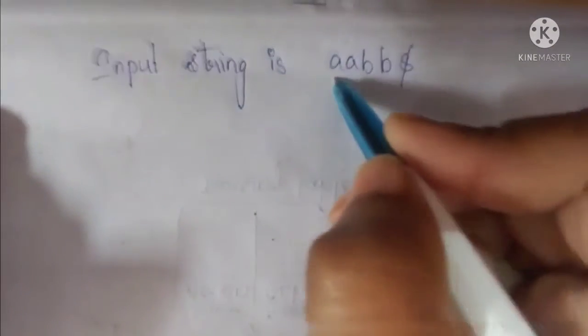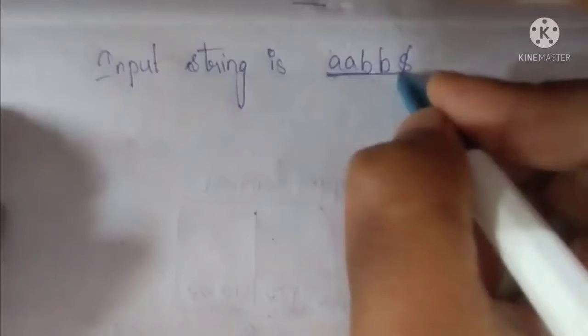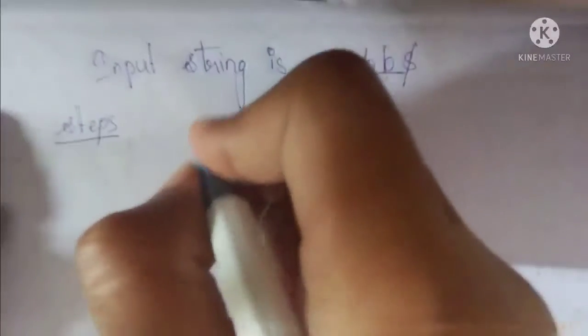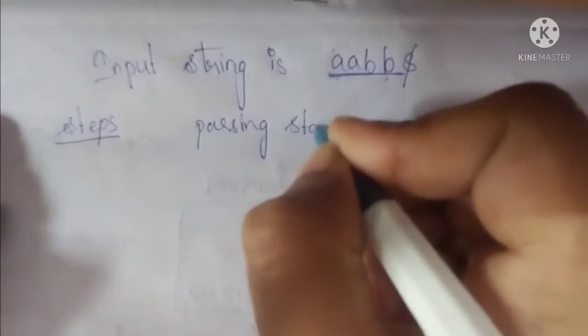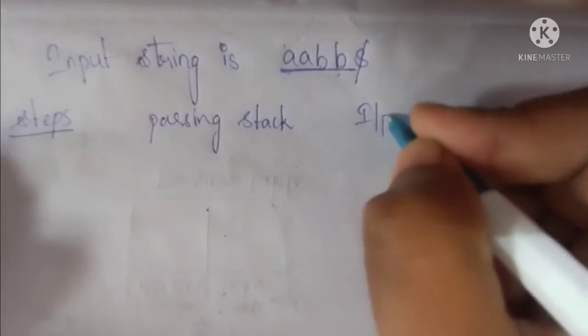The given input string is AABB. You have to parse this input string in LR0. To parse, first you have to write the steps, next parsing stack, next input, next action.